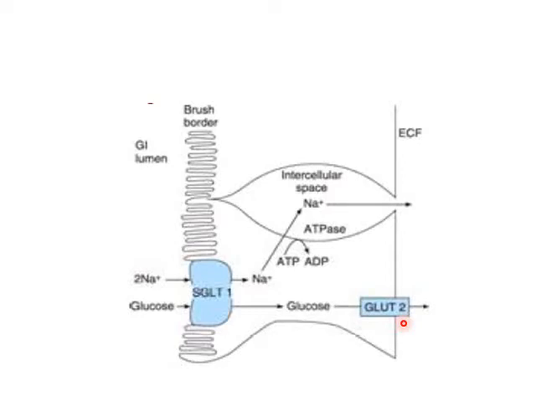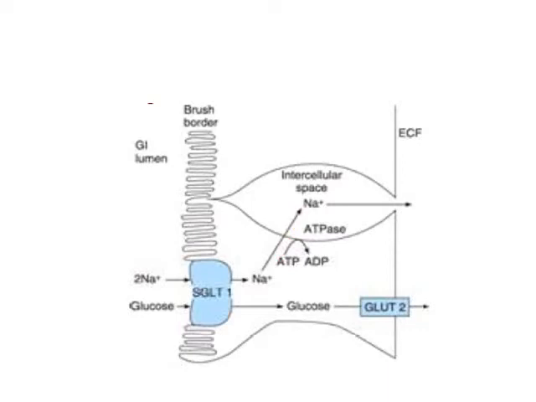The transport of glucose across the basolateral membrane of the enterocytes is an example of secondary active transport. The energy for this transport is derived indirectly from active transport of sodium into the lateral intercellular space.